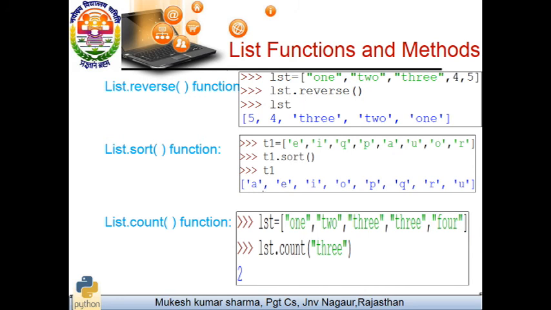Sort function. Sort function will sort the list in ascending order. To sort the list in descending order, we need to write list.sort(reverse=True). Count function. It will count and return the number of occurrences of the passed element.